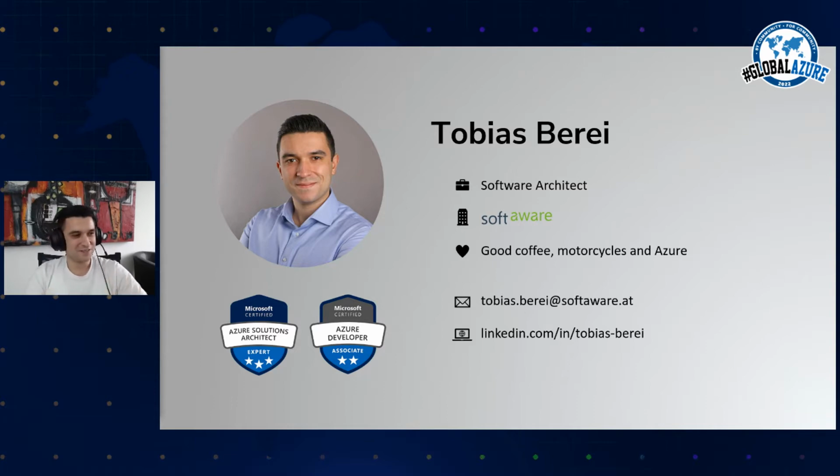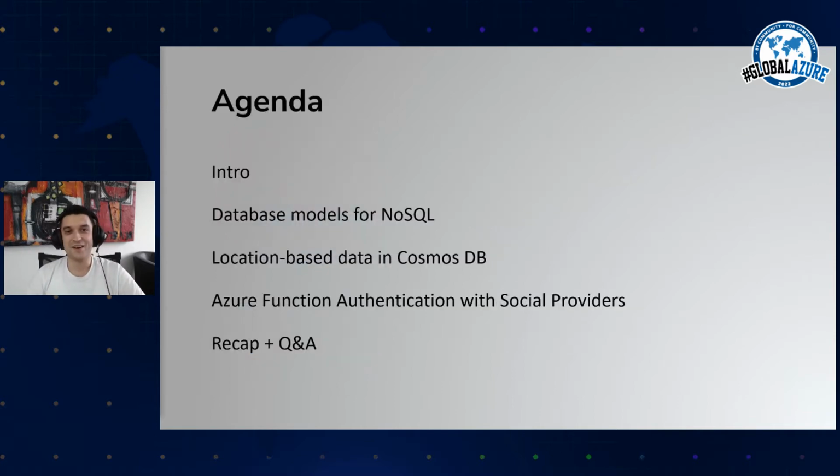So let's jump right into it and take a look at our agenda for today. First, I'm going to give you a brief introduction on why we're talking about this topic at all. Then we're going to take a look at how to adapt traditional database models for NoSQL, especially for Cosmos DB.